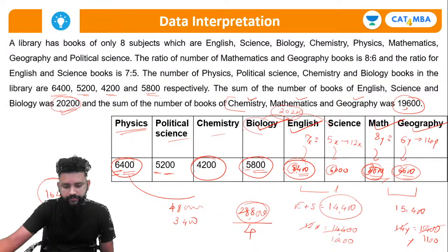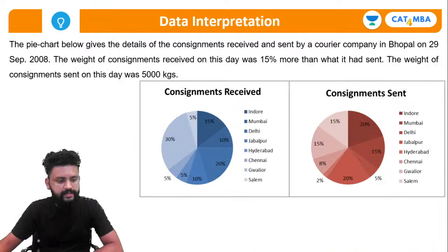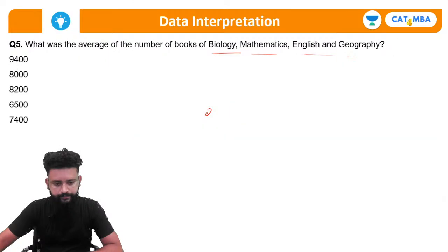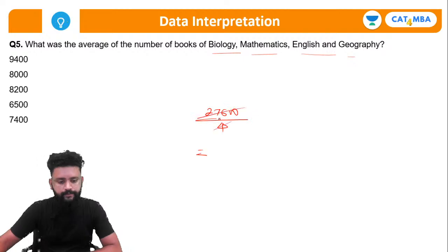Okay, 5,000, 8,000 is 13,000, and 1,200 more, so 14,200. 14,200 and this 800 can be 13,000, 21,000, 27,600, right? 27,600 divide by 4, it will be 6.